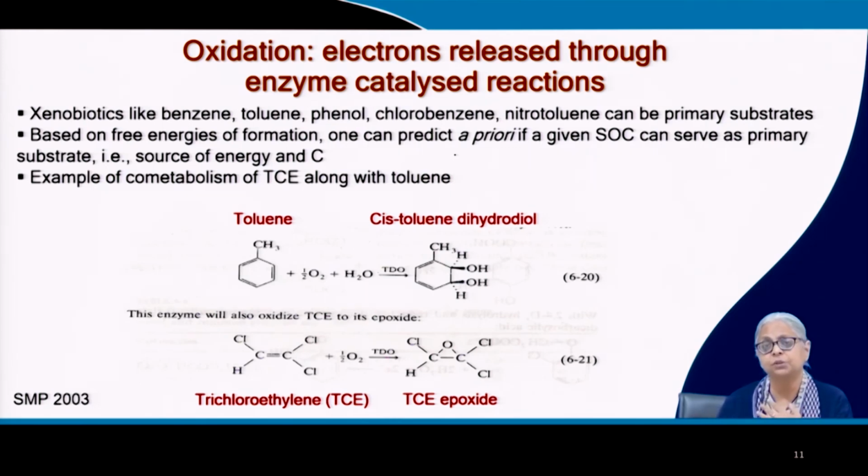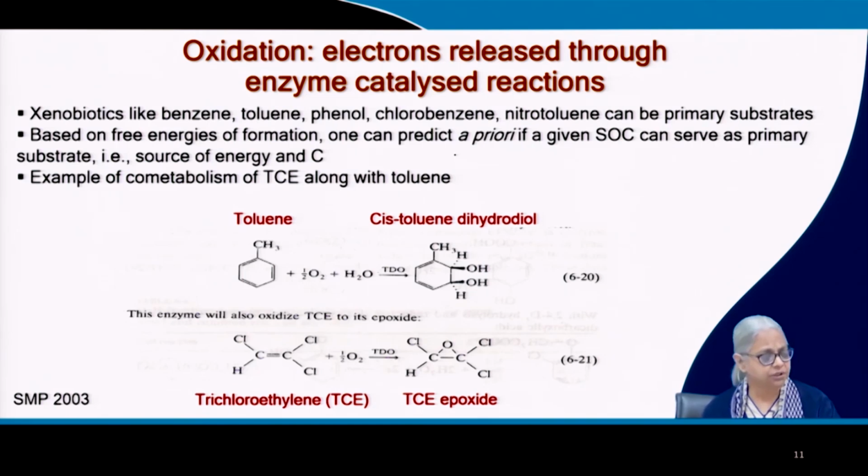If the answer is yes, then it's worth trying experimentally. But if the answer is no, thermodynamically it's not favorable, then it's unlikely that there will be any bacterial species that can survive under those conditions.